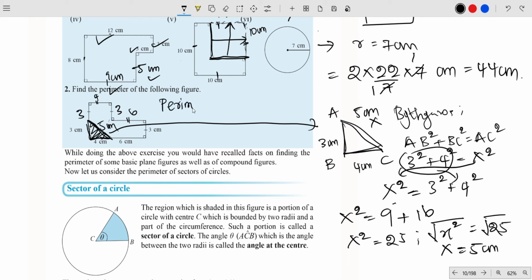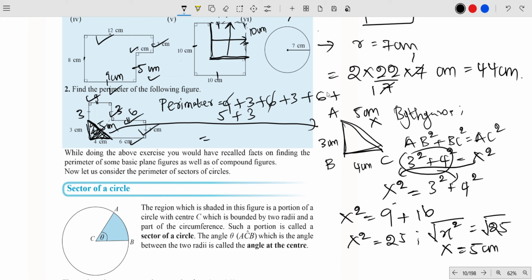The perimeter will be the addition of 4 plus 3 plus 6 plus 3 plus 6 plus 5 plus another 3. So 6 plus 4 is 10.